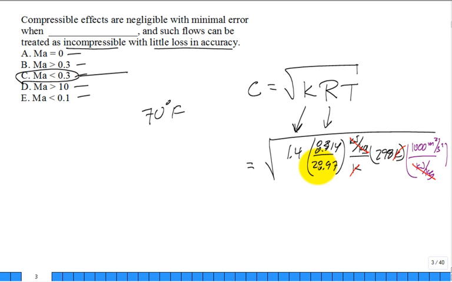So can somebody please tell me what the speed of sound in air is? What did you get again? 350 meters per second. Everybody agree?